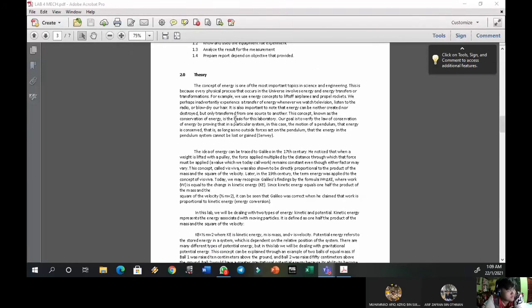Teori dia, the concept of energy is one of the most important topics in science and engineering. This is because every physical process that occurs in the universe involves energy and energy transfer or transformation. For example, we use energy concepts to lift off a plane and propel rockets.